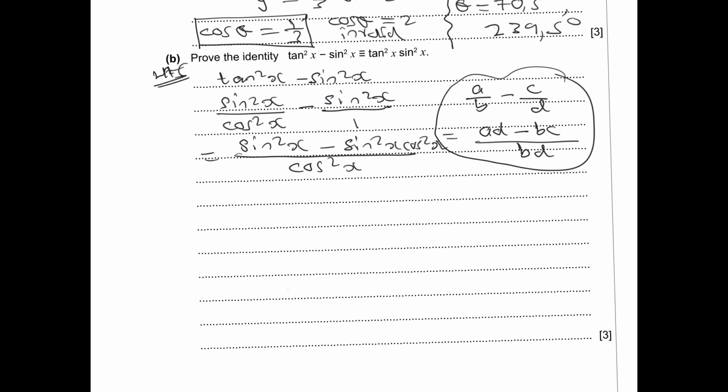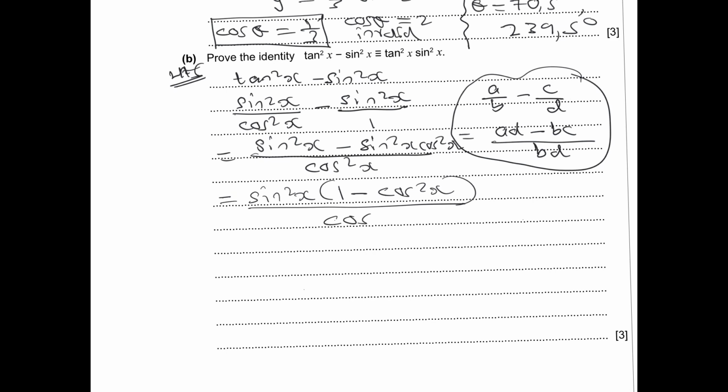So what do I need to do in this case? Looking at where I'm going, remember what I need to simplify to is tan squared x sine squared x. So in this case here, it looks like I need to factorize my sine squared x. Okay, so if I factorize sine squared x, I'm going to have inside the bracket 1 minus cos squared x all over cos squared x.